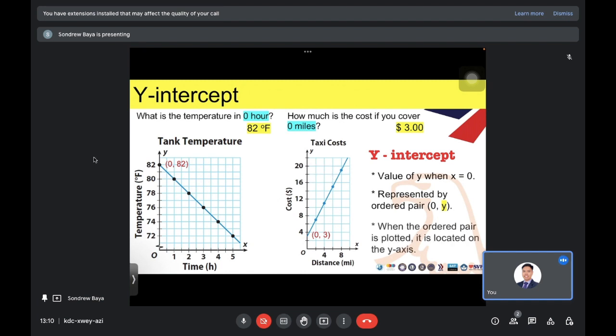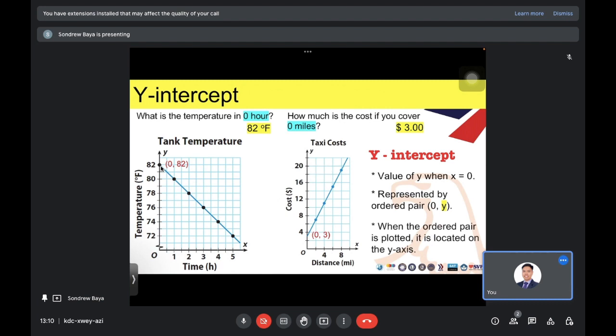And if you look at it, in the graph, it lies on the y-axis. So each time your graph crosses the y-axis, that coordinate or ordered pair actually contains your y-intercept.